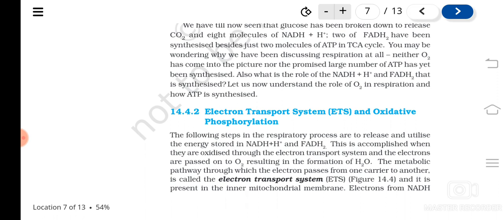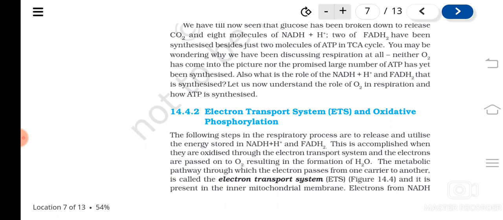So the use of oxygen comes here only, in ETS. Because the electrons produced due to the oxidation of NADH plus H plus and FADH2 are accepted by the oxygen, and that results in the formation of water.